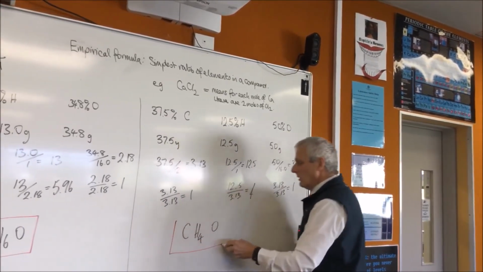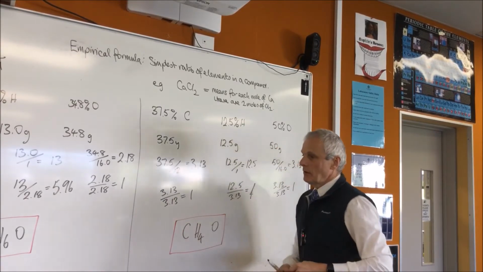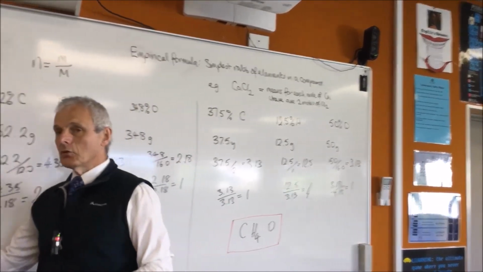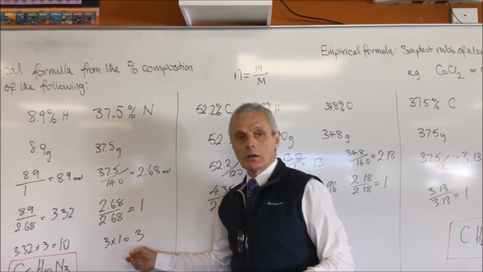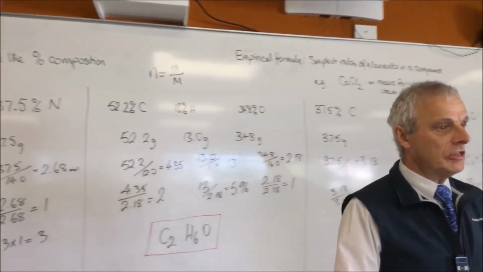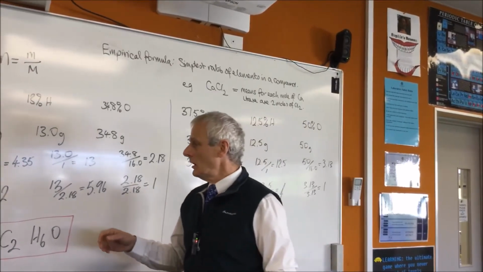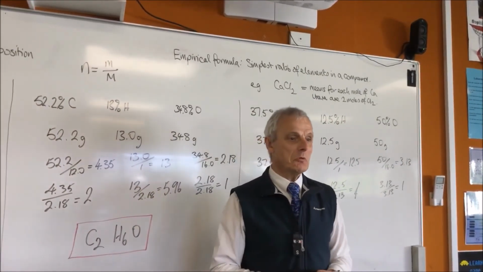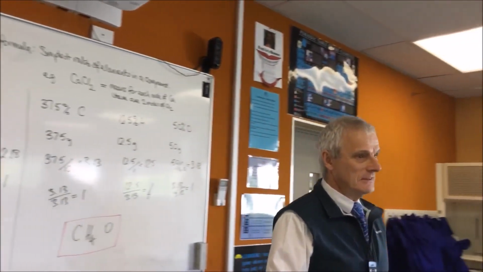Now, the only other thing to point out is, in this case, we've multiplied by 3. There might be a case where you see things that are 0.5s in them. What would you do then? Multiply by 2. It means that it's something like C2 something something, and you can't make it any simpler than that.